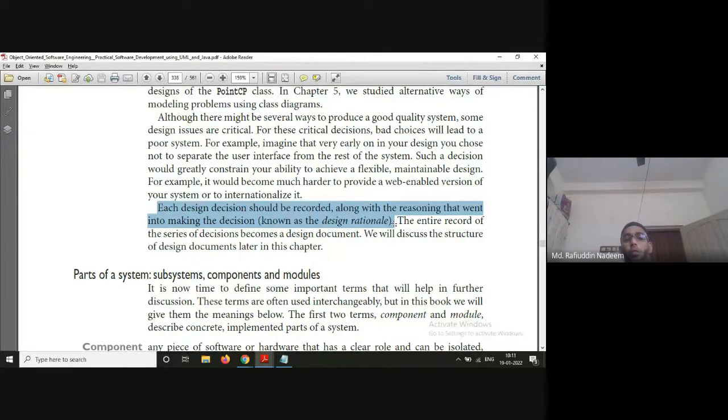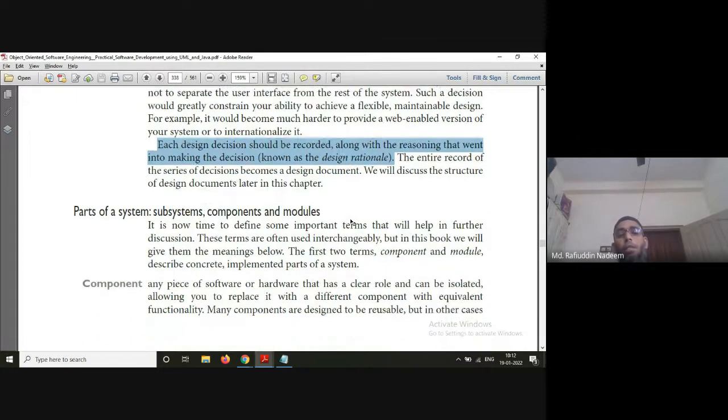So the entire record of these decisions is documented. As I told you yesterday, the configuration management team will record the changes and also the reasoning, and maintain everything. Then you come to a final conclusion here.